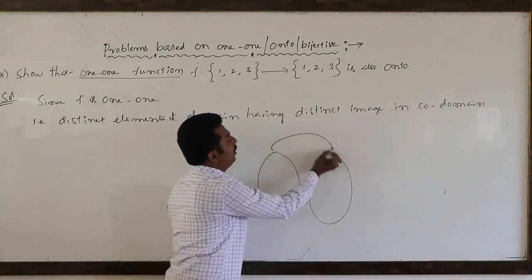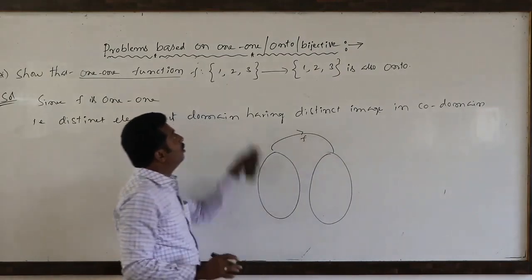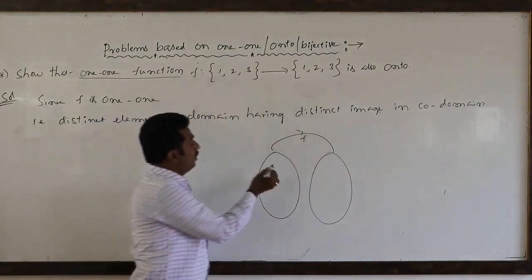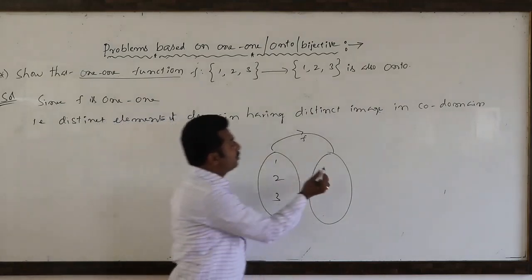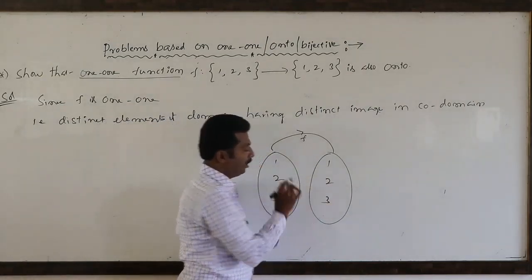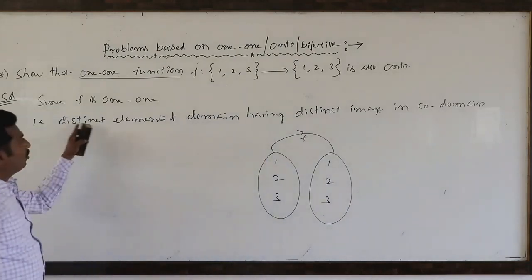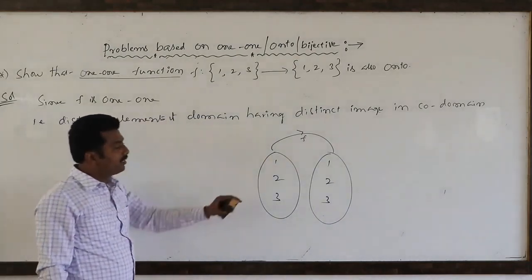Suppose this is the domain, this is the codomain. What are the domain elements? 1, 2, 3. What are the codomain elements? 1, 2, 3. So f is a 1-1 function means distinct elements have distinct images.